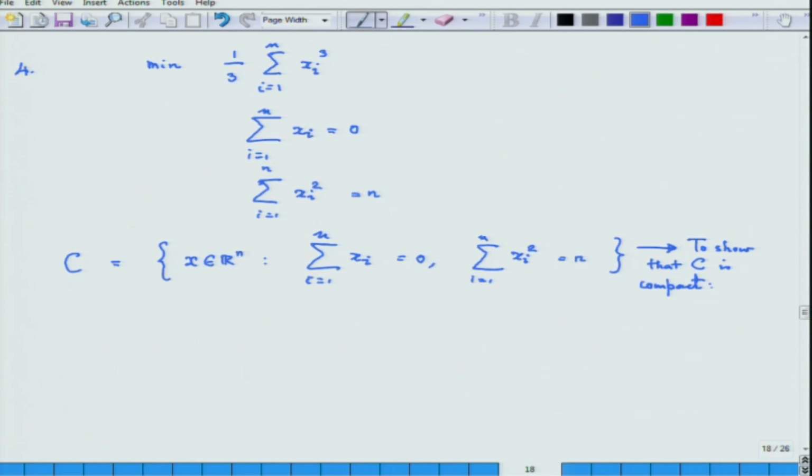Once you show that C is compact, you have actually shown that there is already a solution to this problem. So a solution to this problem exists.